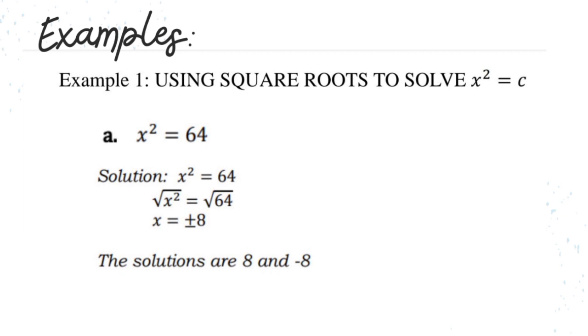That's why x is equal to positive and negative 8. You may wonder why it is positive and negative 8. It is simply because there are two factors of 64: positive 8 times positive 8 and negative 8 times negative 8.